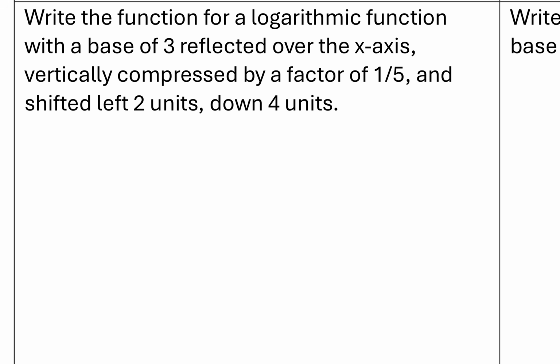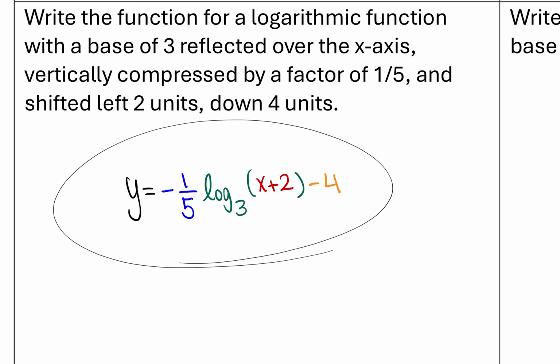So for this one, we have y is equal to negative, right, because of the reflection, 1/5 because of the vertical compression, and we have our log base 3 of, and it's shifted to the left, so we have x plus 2, and it says down 4 units, so we have minus 4 outside. And this is going to be our final solution.